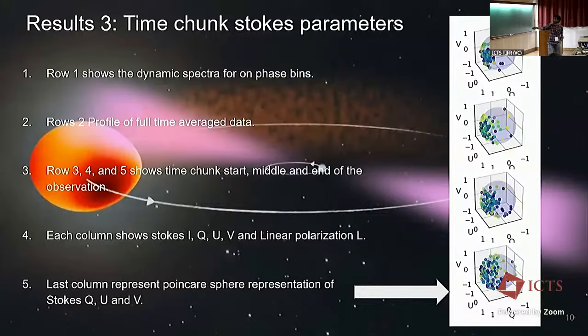The other thing is there are slight changes in the peak of Stokes I. It changes with frequency as it orbits through different orbital phases. This is one of the phenomena already known in the literature as gigahertz-peaked spectra turnover, where you have the spectral turnover changing with the orbital phase.